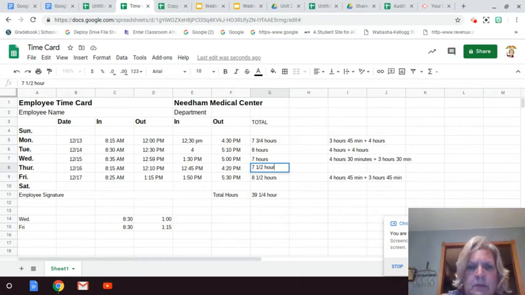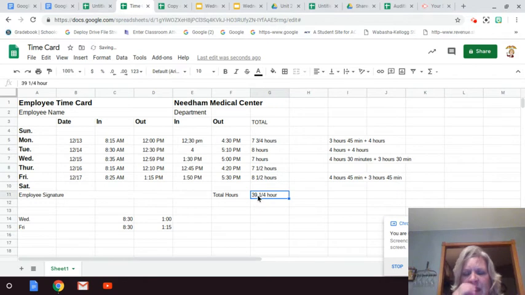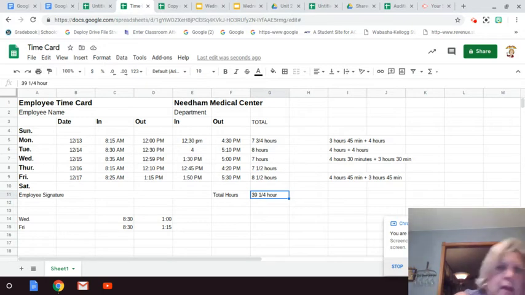And so half an hour off of here, 39.25 minus 1/2. Did I do that right? 7.5. Yep.